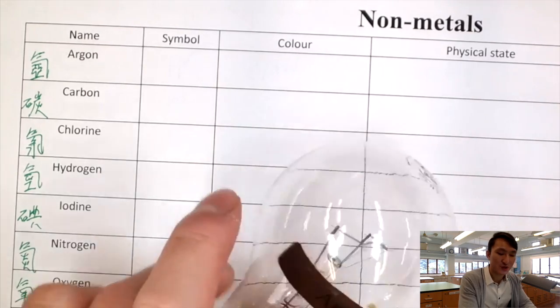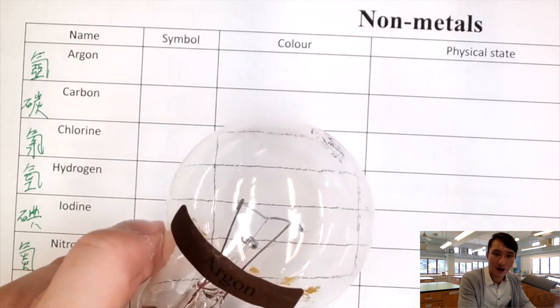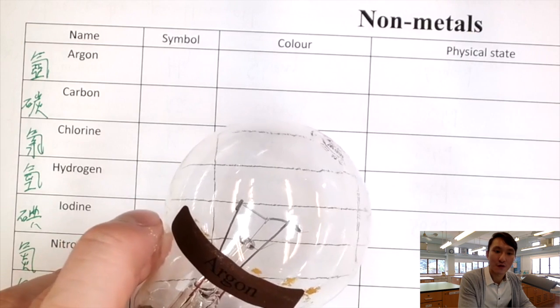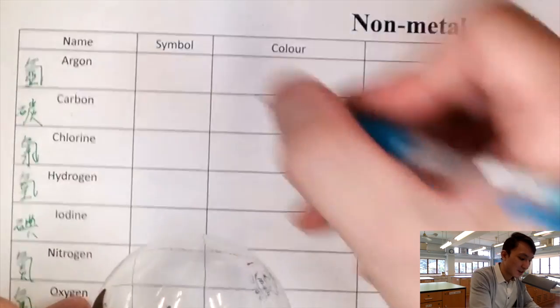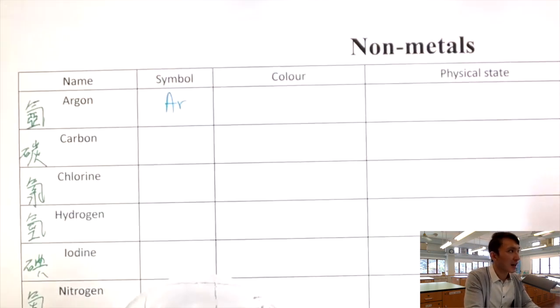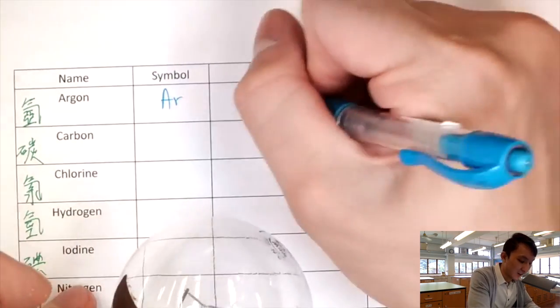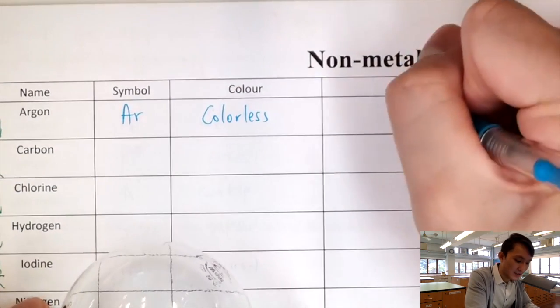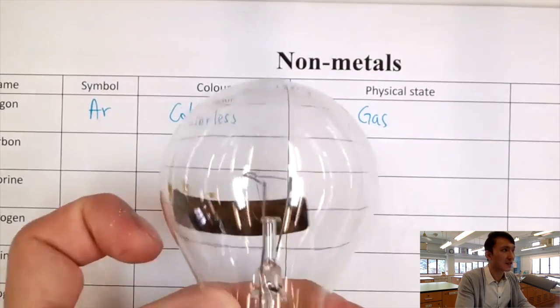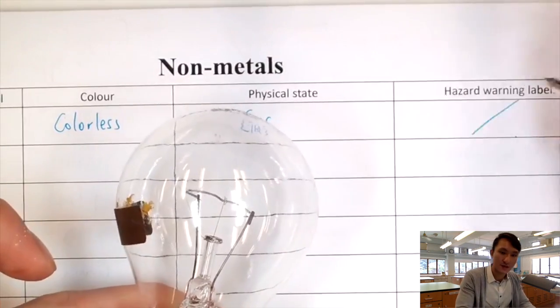Okay? So do not ever say that the light bulb is made by argon. Actually, the filling gas of a light bulb is argon. Okay? So Ar, and the color, obviously, it is colorless. And it is definitely a gas, and it doesn't have any hazard warning label. Okay?